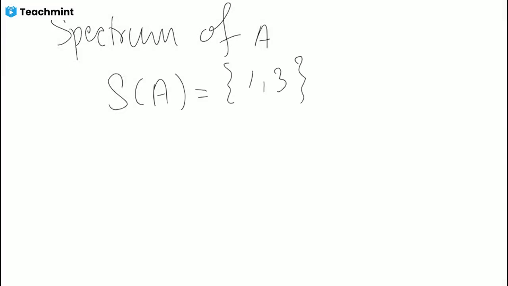So we have two real values because we have only real values, and both are real. Two values of lambda because we have a two-order square matrix.